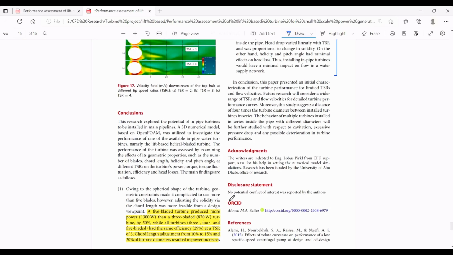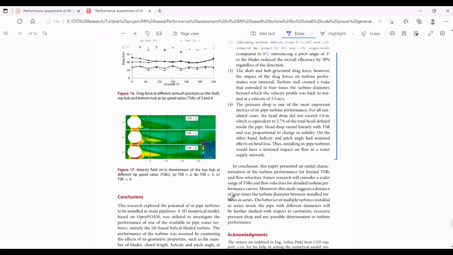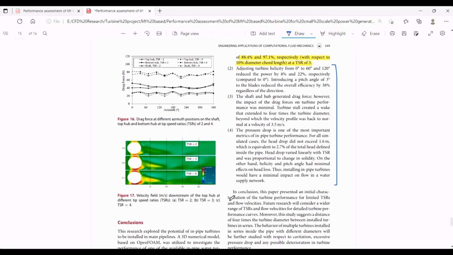We can conclude that the increase in number of blades, increase in the tip speed ratio, and increase in the flow velocity of water led to an increase in the performance of the turbine, whereas the increase in the helicity of the turbine from 0 to 60 degrees led to more uniform torque, but after that, from 60 to 120 degrees, the performance gets reduced. The shaft and hub wakes lead to an increase in the drag force and reduction in the overall lift generated by the turbine, and hence a reduction in the performance.